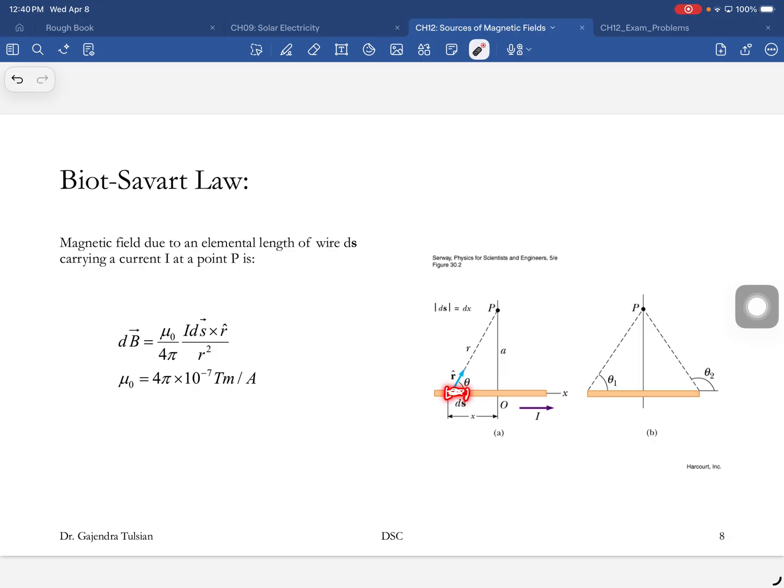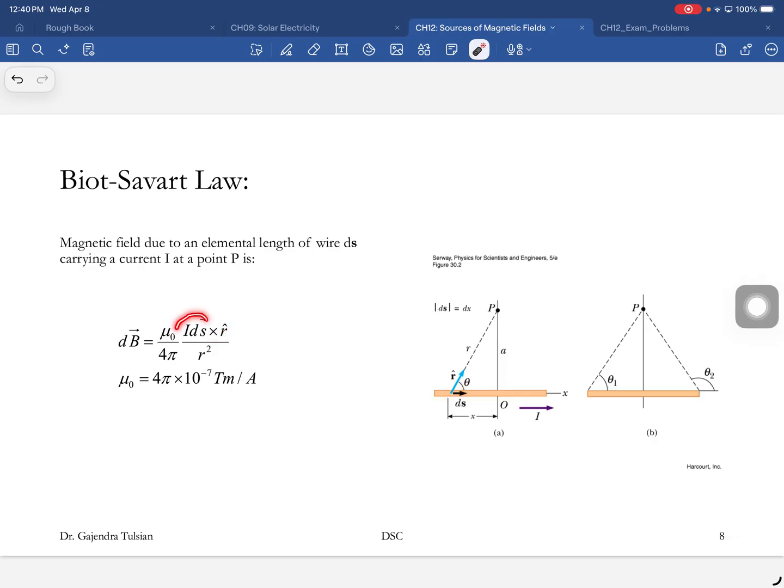So if you take a small element of the current, there's a bunch of charges moving here, and all these guys are producing a field coming out of the sheet like that, and they all add up. So the field due to all these moving charges is again mu naught by 4 pi I times ds, where ds is the small element, cross r.